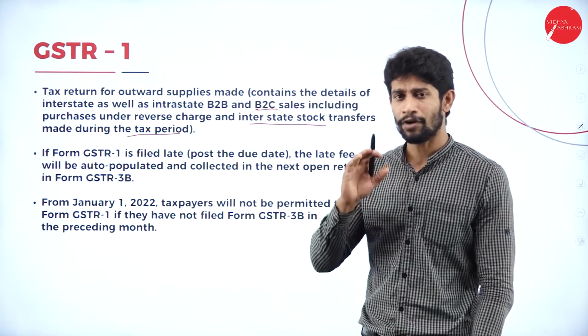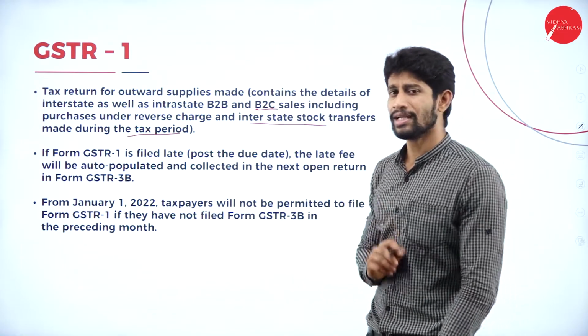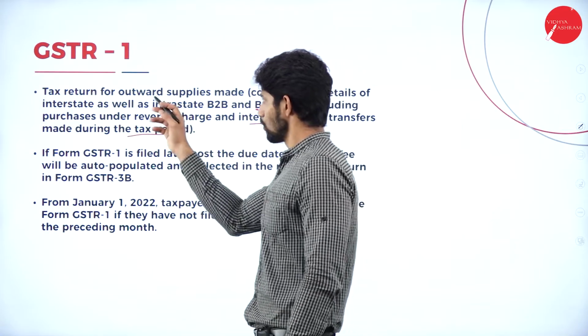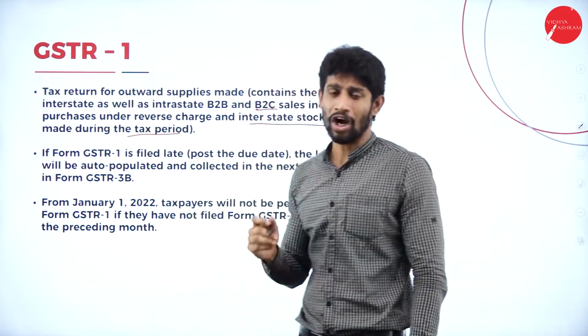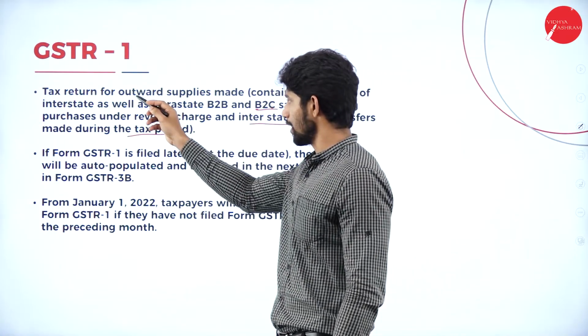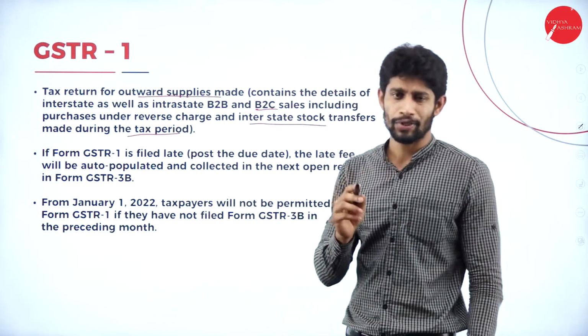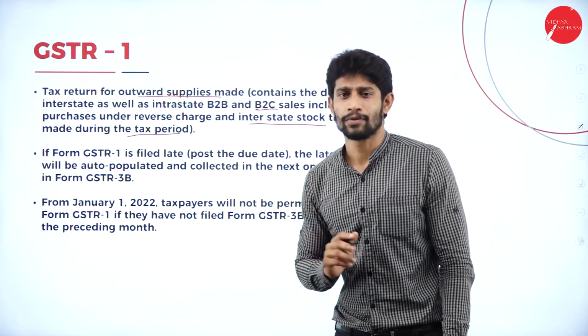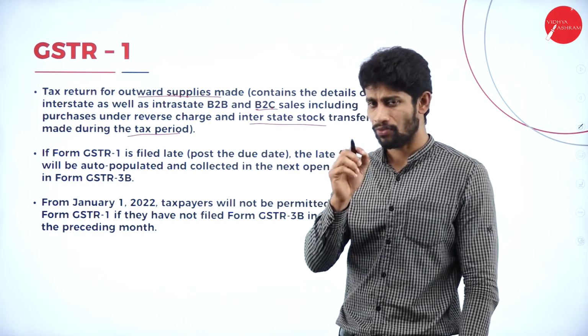Yes, in a simple form we can say GSTR 1 is applicable to furnish the information relating to outward supply. So if any outward supply is happening in a particular business entity, they are supposed to file GSTR 1.